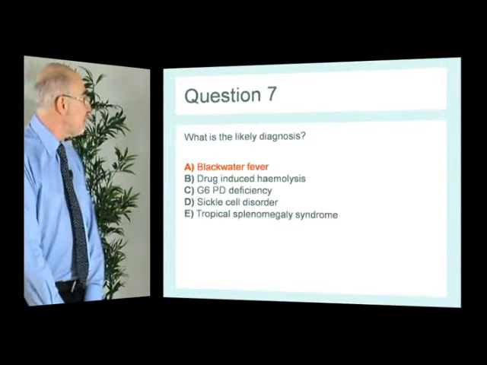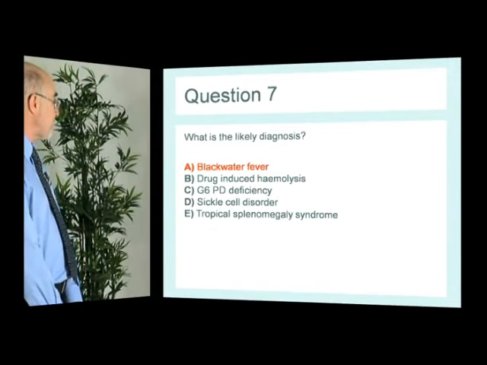The descriptive term blackwater fever most appropriately fits the clinical situation. This is hyperhemolysis associated with severe falciparum malaria. The exact cause is a little bit obscure in that it's thought that immunological mechanisms may play a part. It's thought that low-dose quinine therapy may be somehow involved in that.